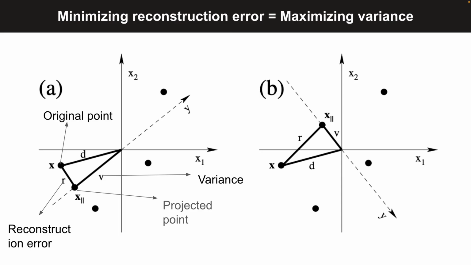Essentially the axis that you're trying to find is the axis along which the variance of your projected data is going to get maximized. Okay, does that make sense?